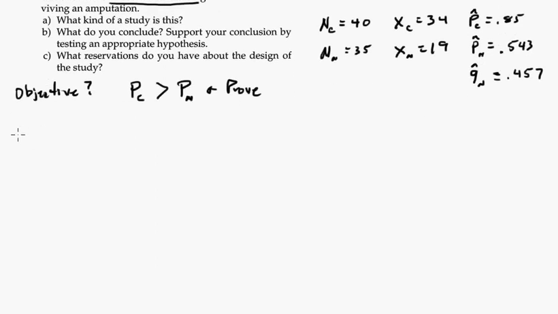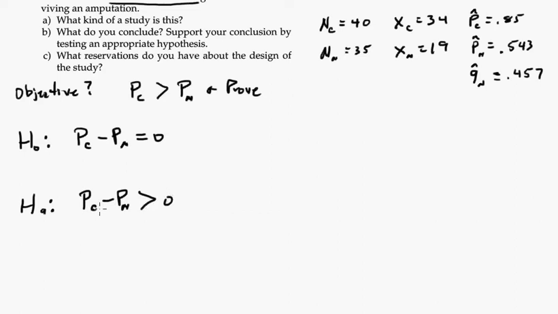Okay, so our null hypothesis would be that p subscript C minus p subscript N is equal to 0. And then our alternative is that p of C minus p subscript N is greater than 0, that the survival rate is higher.